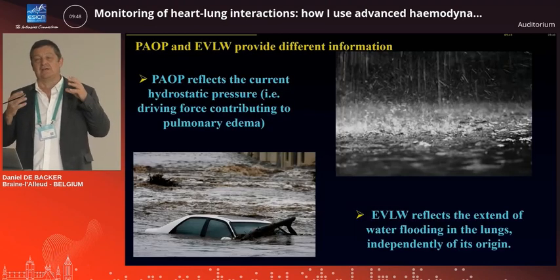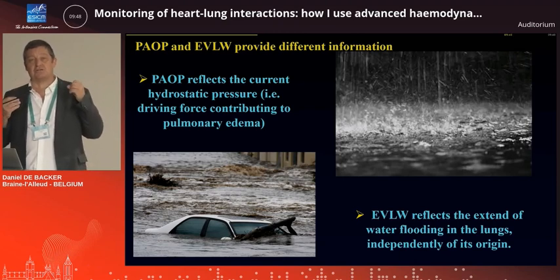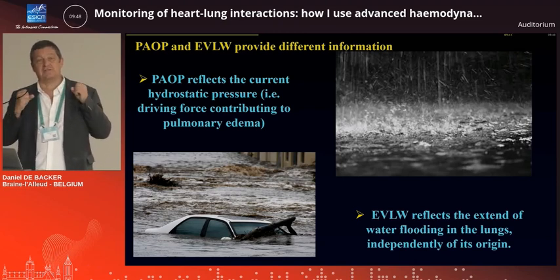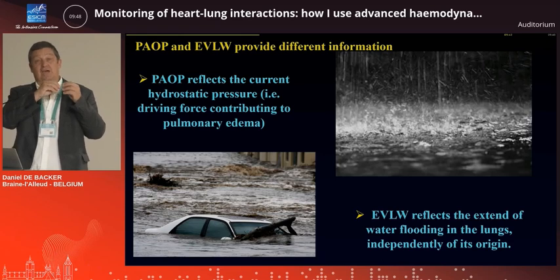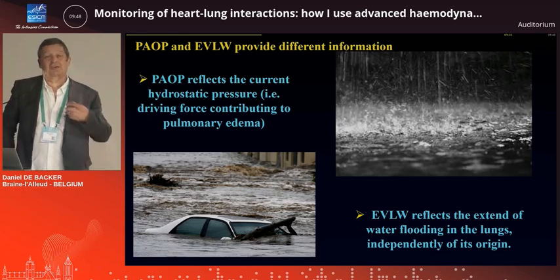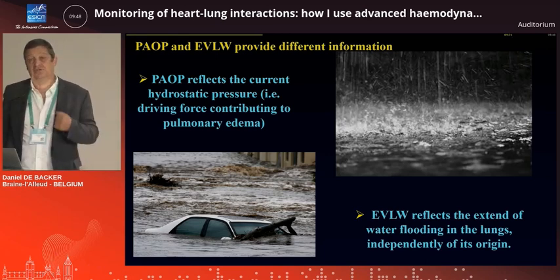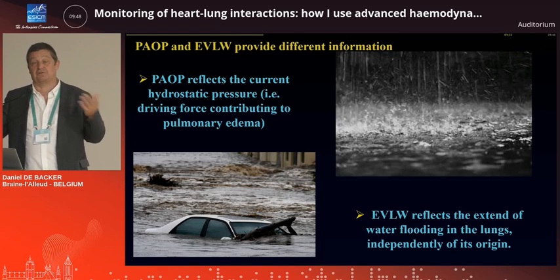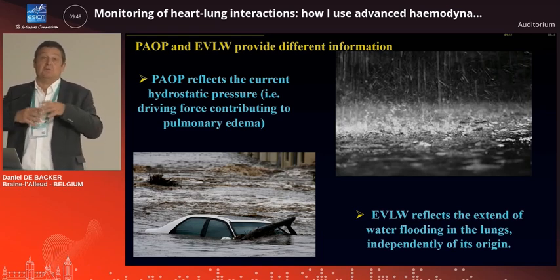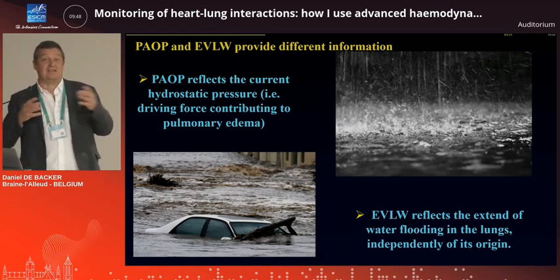Remember that the pulmonary artery occlusion pressure is really the driving force of the hydrostatic pressure, the force that makes the water leave the capillaries and escape to the interstitial and alveolar space, while the extravascular lung water is the extent of the flooding.